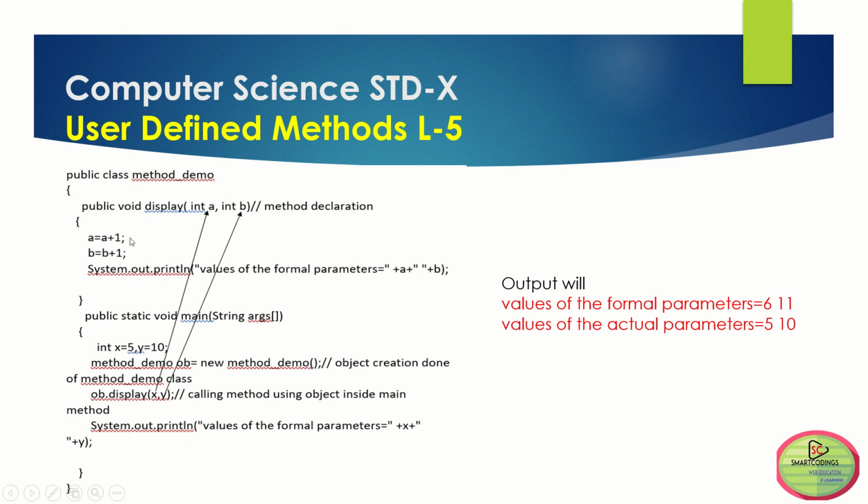So 5 plus 1, it is 6, and 10 plus 1 is 11 in b. So some changes we are doing here in the formal, right? So it will not impact in the actual, because in this mechanism, the original values are not passed here. Original x and y are not passed here. Copy of that x and y value is being passed to the formal parameters.